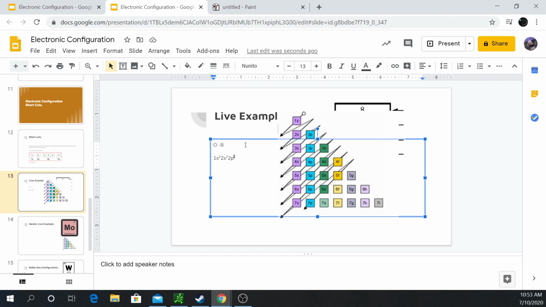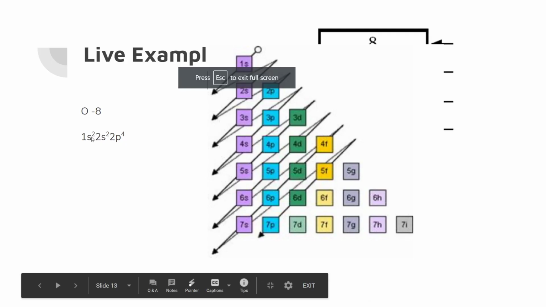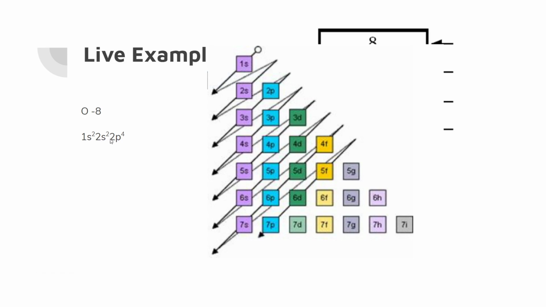We only have 4 left, which means that we're going to have 2p4. And so that means that our final answer is 1s2, 2s2, 2p4. Now notice that's really compact, and that didn't take us very much time at all.